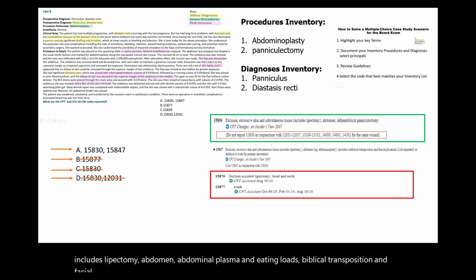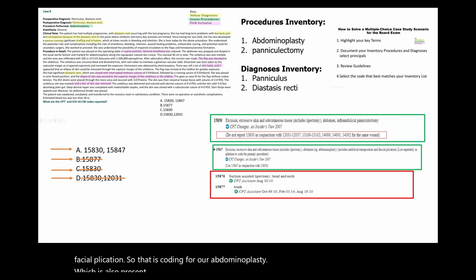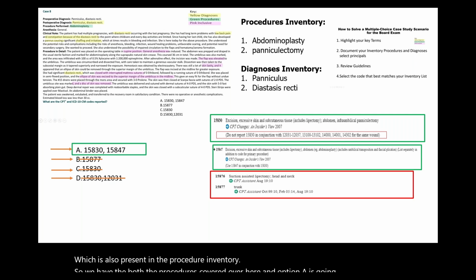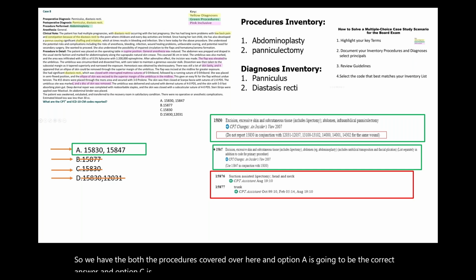So that is coding for our abdominoplasty, which is also present in the procedure inventory. So we have both the procedures covered over here, and option A is going to be the correct answer, and option C is only coding for a panniculectomy.